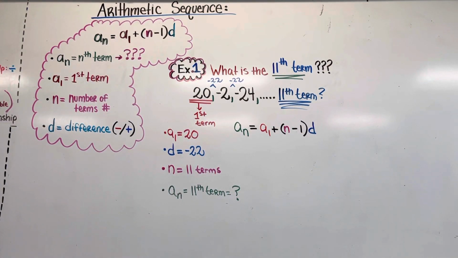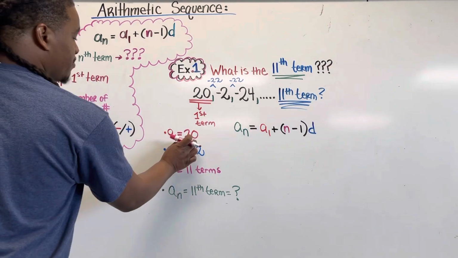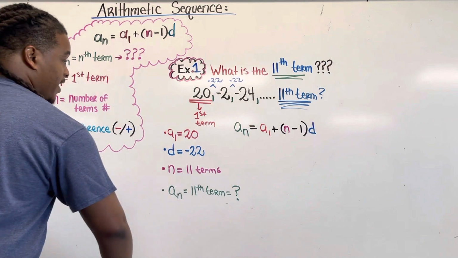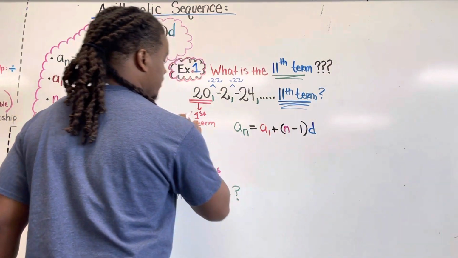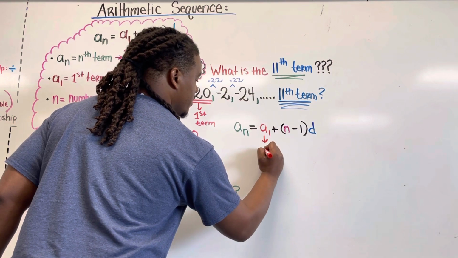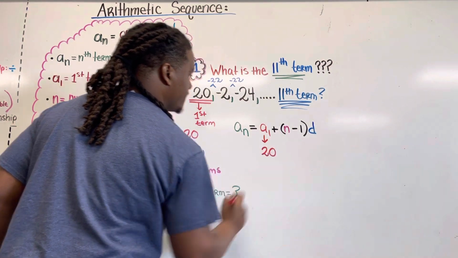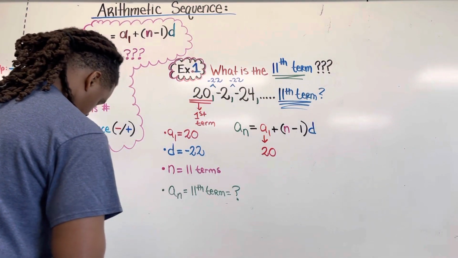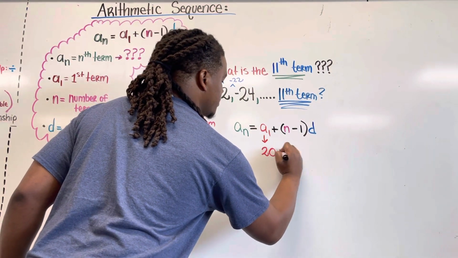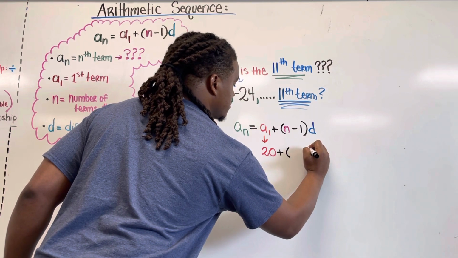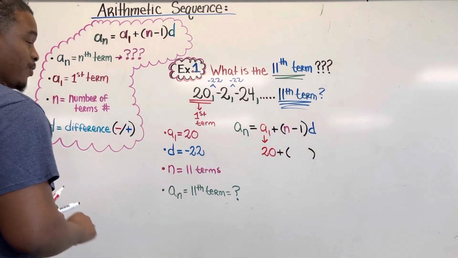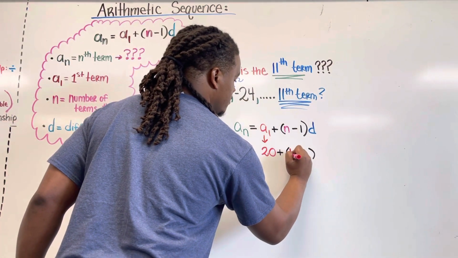So it's simple, guys. All we're going to do is plug in these values where they go. For a_1, we figured out that the first term was 20. So a_1 is 20, plus inside the parentheses, n is 11 because we are working with 11 total terms.